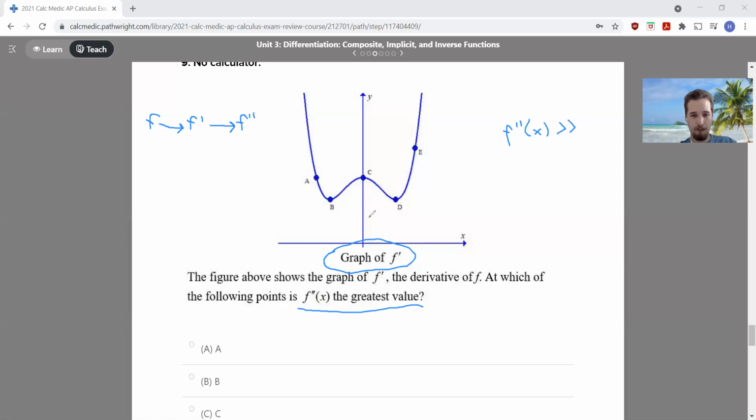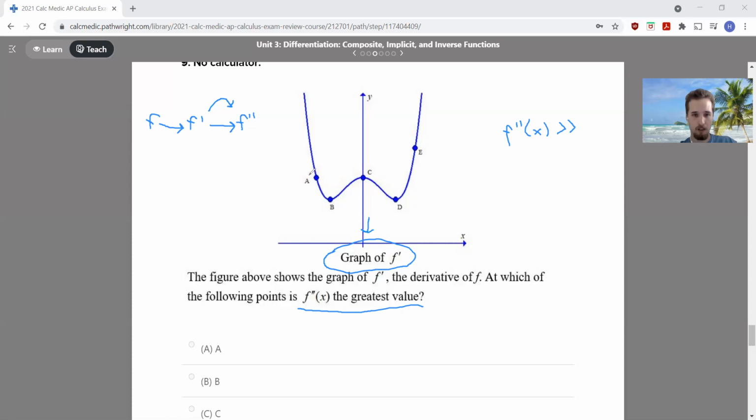So if we have the graph of f prime here, and we want the highest f double prime, well, f double prime is just the derivative of this graph, right? Because we have f prime, we only have to do one derivative to get f double prime. So if f double prime is the derivative of this graph, then we are looking at the slopes of this graph and seeing where the highest slope is.